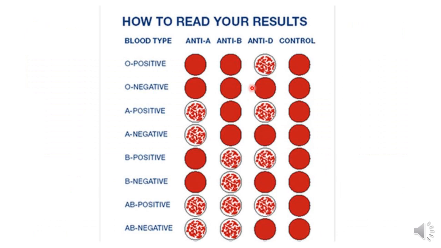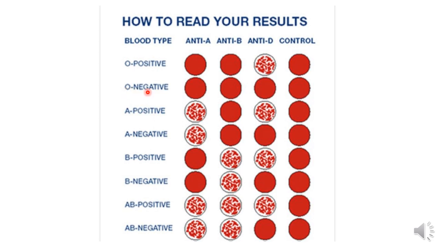Here you can know all of the results, no matter what it is. So for example, when it makes agglutination with all 3 antibodies, then we have antigen A, and antigen B, and antigen rhesus. So it is AB positive.